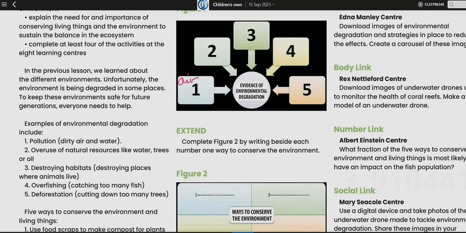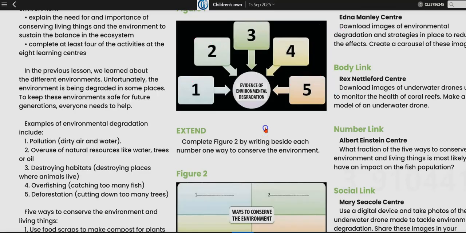We could have water pollution, pollution of the soil, deforestation, and something like overfishing. Anything else that we could think of? Overgrazing as well. Those could lead to environmental degradation.